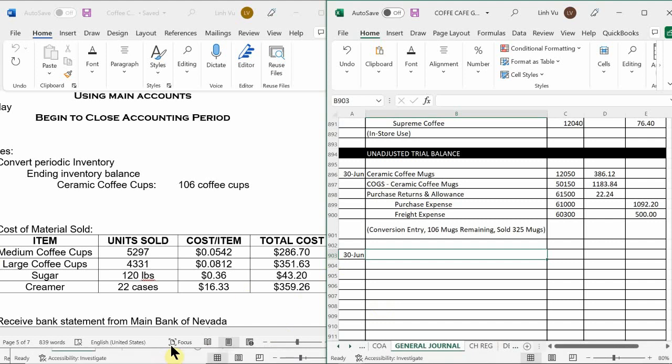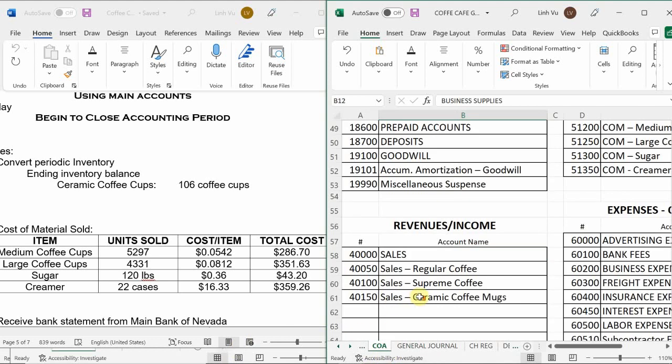Cost of goods sold and inventory. It's not cost of goods sold. What was that? You said cost of materials. Cost of materials. Good.